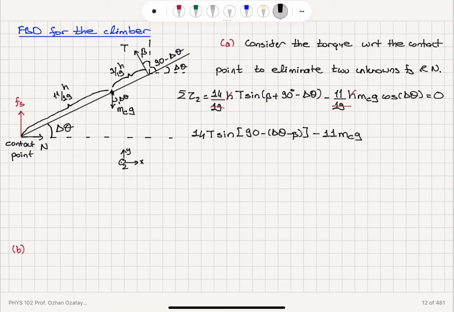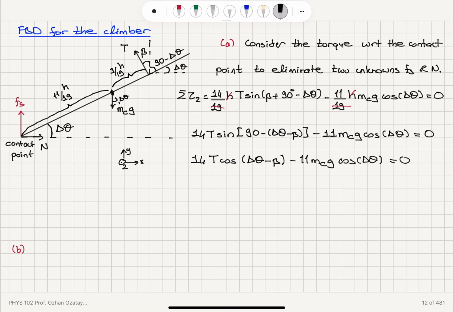There is only one unknown here, and here I can recognize 14t. Sine of 90 minus an angle is cosine of that angle, so this is cosine delta theta minus beta minus 11 times the weight mcg cosine delta theta equals 0.